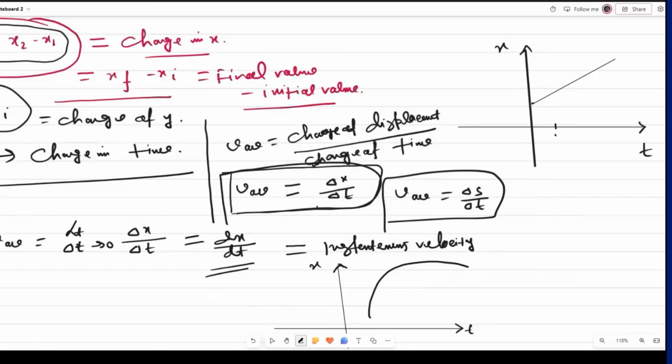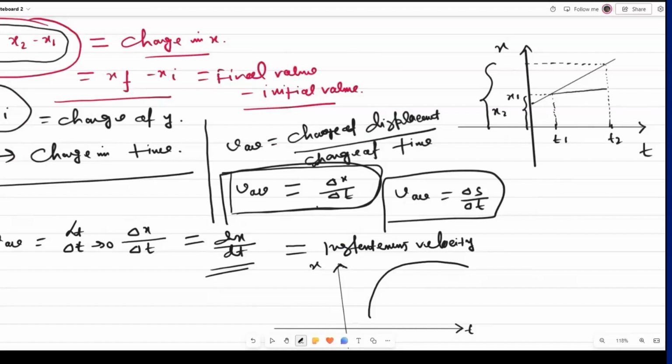Suppose at any instant of time, it's t1, displacement is x1. At another time t2, displacement is x2. Clear? This part is x2. This part is x1. So what about this change of time?